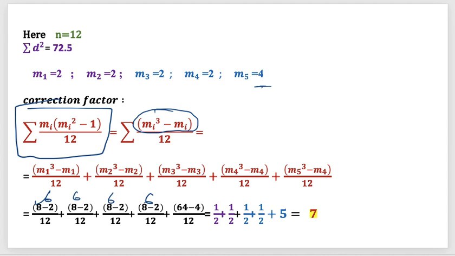The fifth one is 4, so the cube of 4 is 64, minus 4 is 60. So we got 6 by 12, 6 by 12, as in half, half, 4 halves, and then 60 by 12 is 5. Adding all the terms, we are getting 7. This is our total correction value for all x and y.